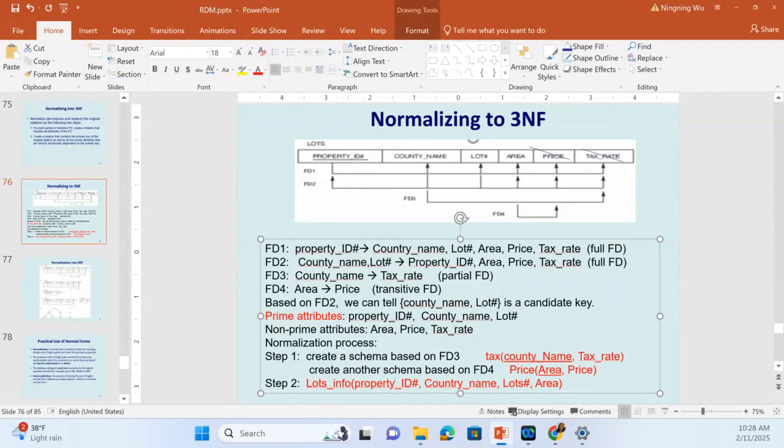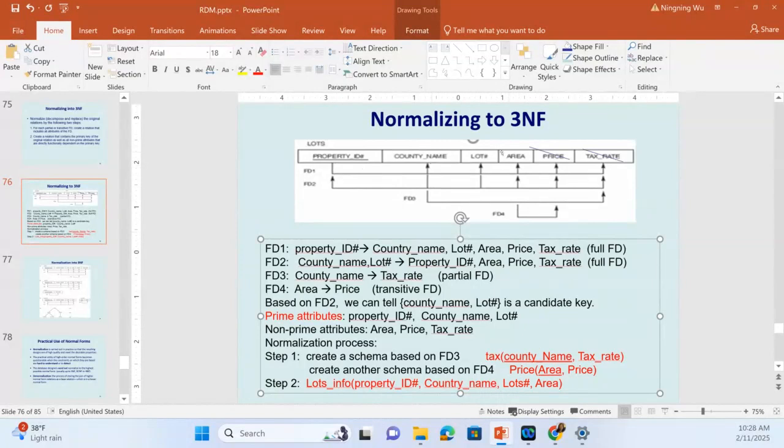Then we do the normalization process. We create a relation schema for each partial and for each transitive. Then we create the last one, a relation schema that contains the original primary key plus any non-prime or prime attributes that are fully dependent on that primary key. So we end up with this lots info.